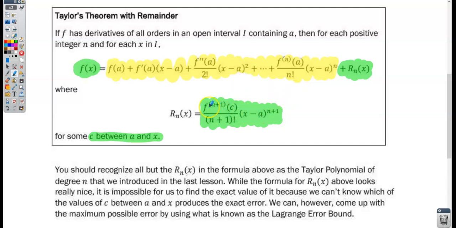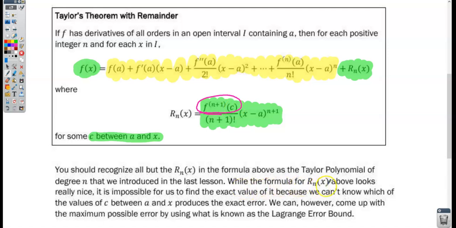So this looks a whole lot like the next term of this polynomial. The only difference is this factor right here, the n plus first derivative at c, because it is the n plus first derivative at a that we're using in all of these coefficients. c is a different value, and we really can't tell what it is.